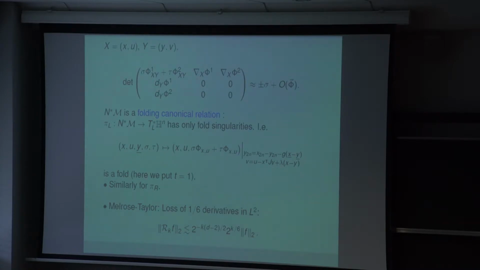This big matrix is kind of misleading the way it's written. There is actually a big square matrix which is just one single entry. This mixed Hessian here is a d by d square matrix, and then we add the x gradients and the y gradients in the columns and rows.